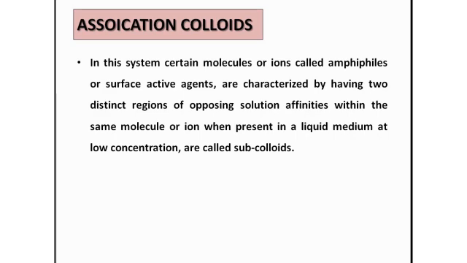Now the question is, what are amphiphiles? Amphiphiles are surface active agents, and they generally contain both types of charges, both positive as well as negative. They are characterized by the presence of two opposing charges.